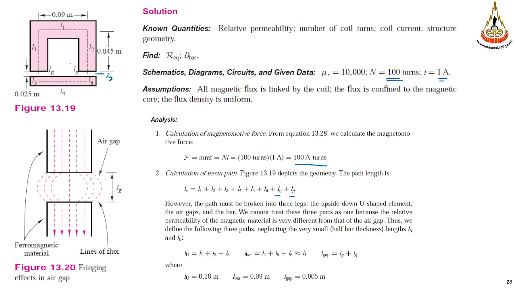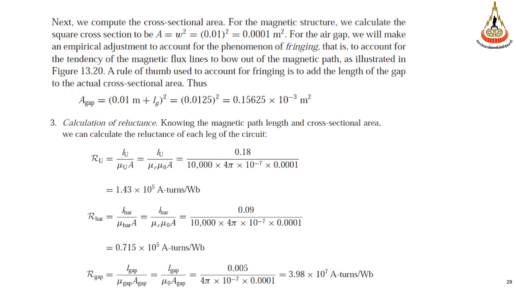So if we break it into two legs like this, Lu is the U part, right? We have U part 1, 2, 3, and the bar is here, and the length of the gap, we have 2 gaps like this, right? The length of the gap here is 0.05, between the U shape and the bar shape. This is broken into 2 parts.